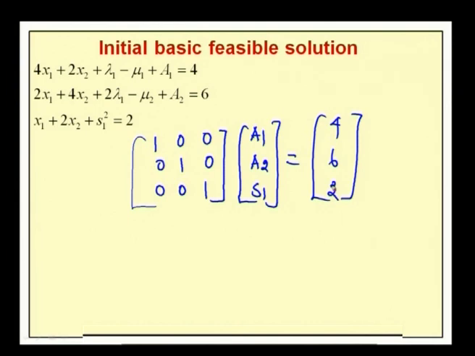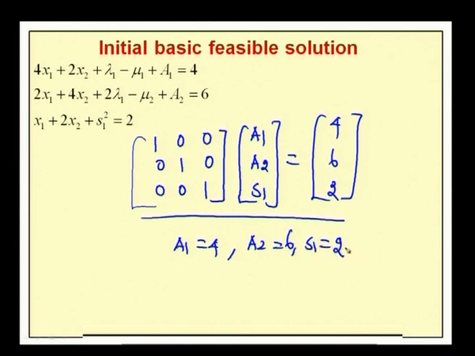So, from the modified LPP, we can write the initial basic feasible solution in this form. From this, we get our initial basic feasible solution as a1 equal to 4, a2 equal to 6 and s1 equal to 2.